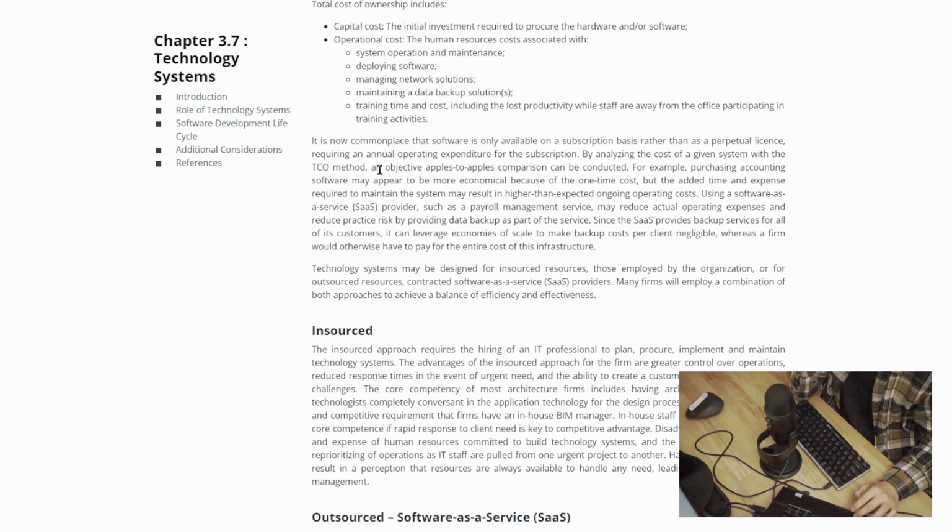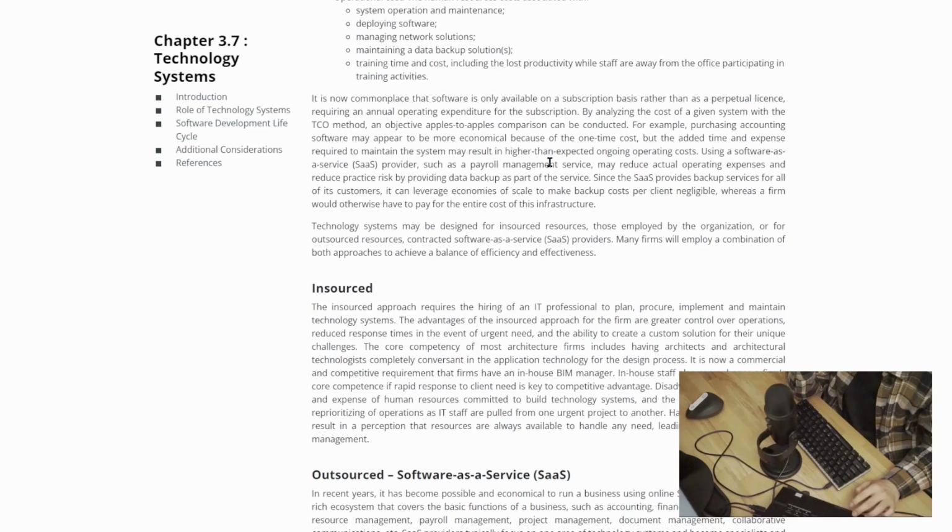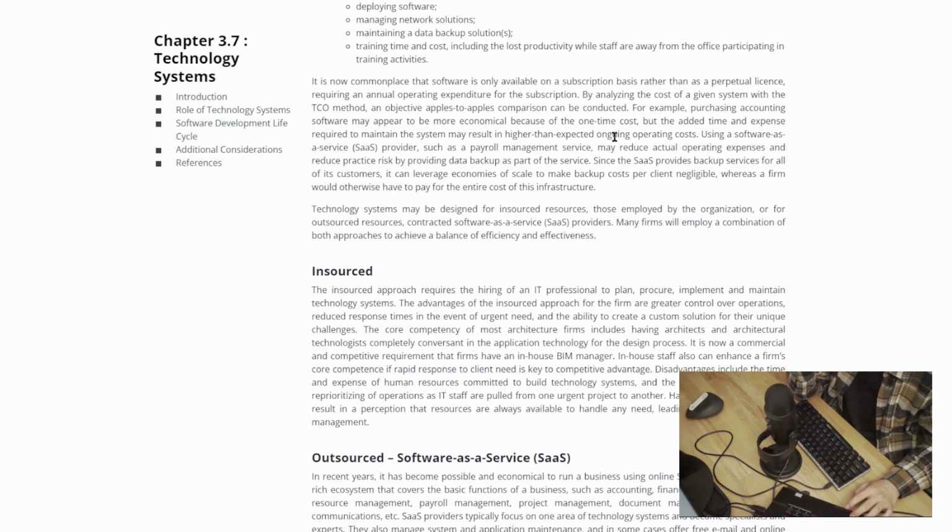It is now commonplace that software is only available on a subscription basis rather than as a perpetual license, requiring an annual operating expenditure for the subscription. By analyzing the cost of a given system with the TCO method, an objective apples-to-apples comparison can be conducted.